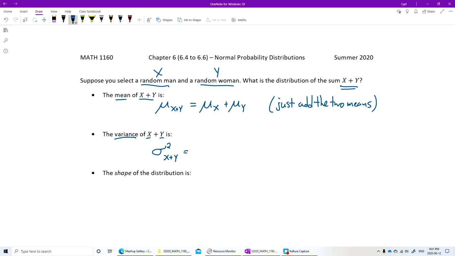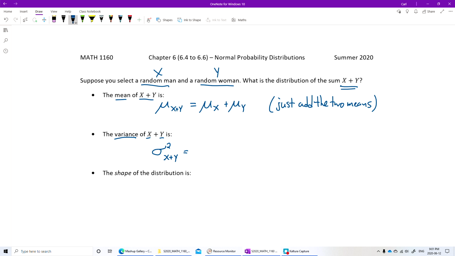What's the connection between how spread out are the men, how spread out are the women, and how does that relate to how spread out the couples, the sum of those two, will be? When I think about it, the weights of a couple, so two people, it's going to be more spread out than the weight of any individual person.